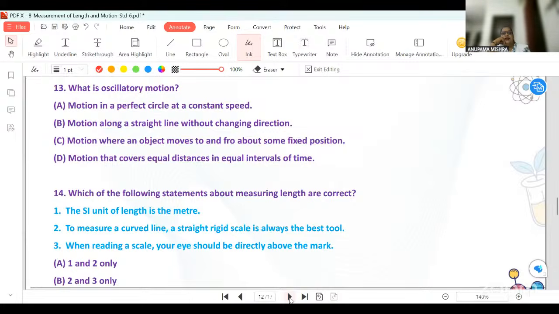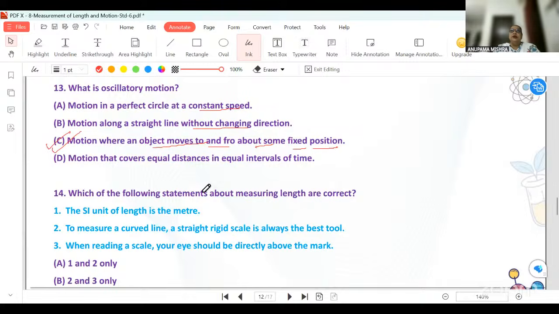So which one do you expect is oscillatory motion? C is the correct answer. So the correct answer is motion where an object moves to and fro about some fixed position.